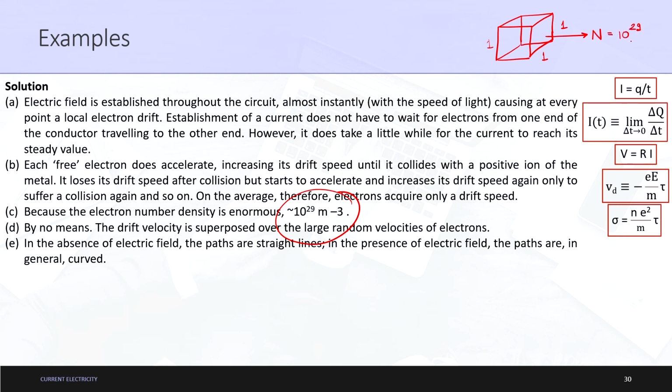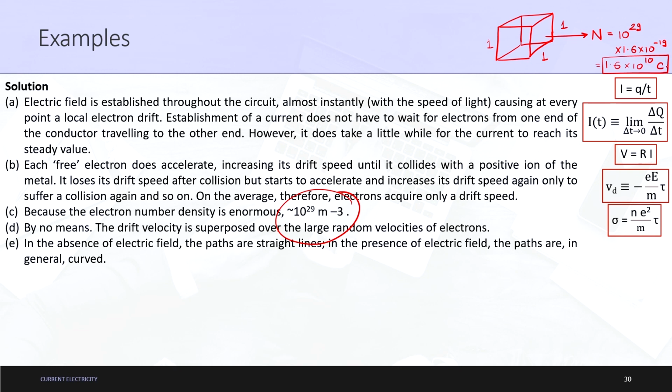Even if I multiply this by 1.6 into 10 to the power minus 19 to get the value of the charge, 29 minus 19 gives you 10. So the amount of charge is in the powers of 10.